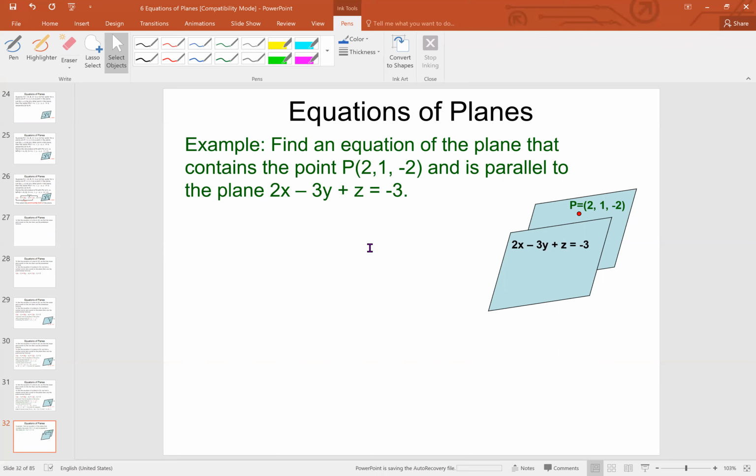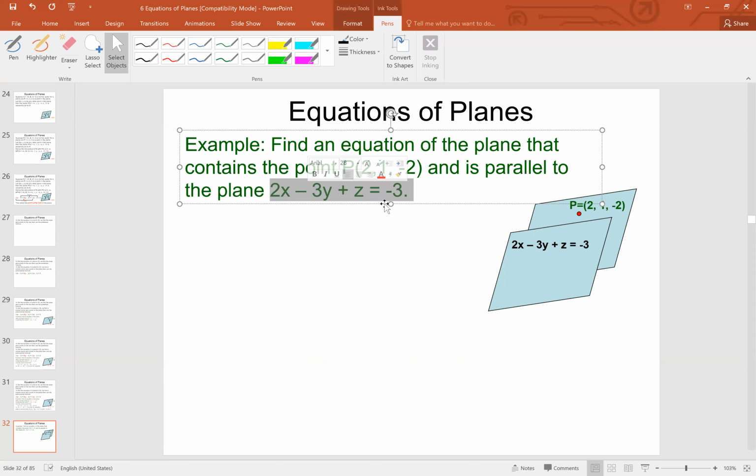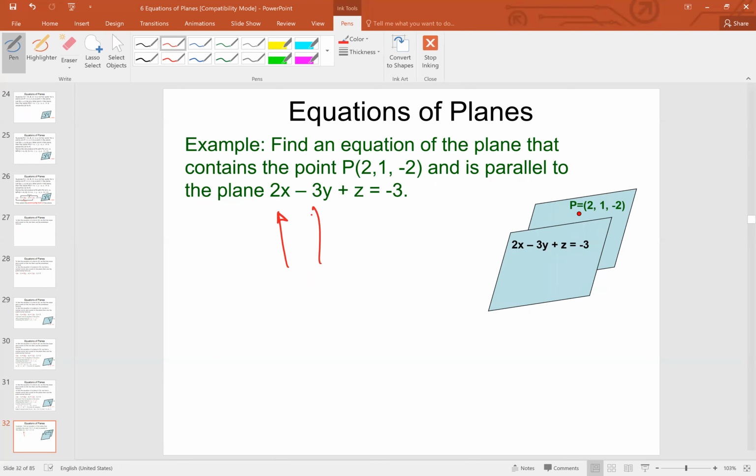Well, the first thing you want to do is find a normal. What is the normal of this equation? If you think about it, the normal must be (2, -3, 1).